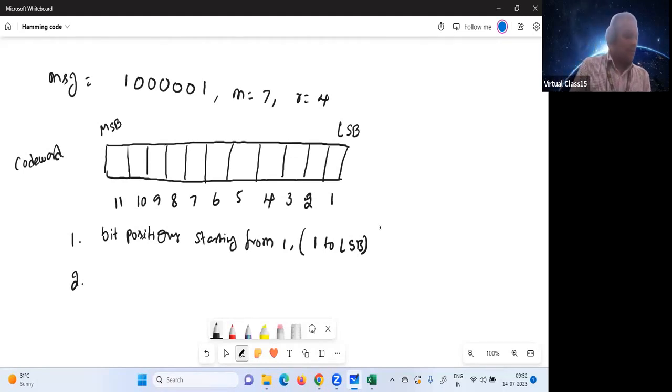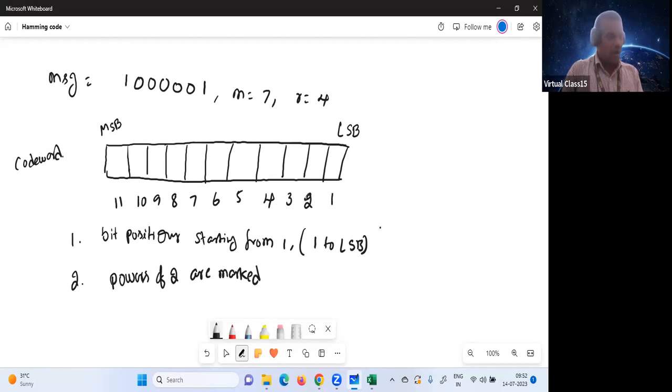Step 2: all bit positions that are powers of 2 are marked as redundant bits.